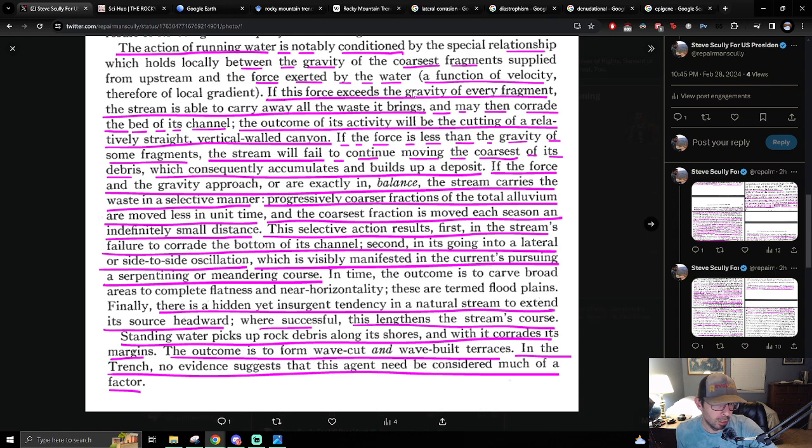If this force exceeds the gravity of every fragment, the stream is able to carry away all the waste it brings. So if the stream pressure force exceeds the force of gravity of all these mountainous materials, it cuts through them, it brings them with it just like a pebble.